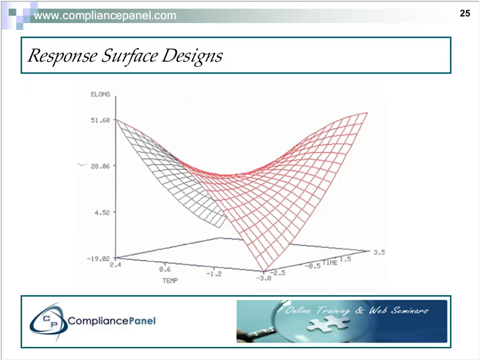That was the ideal setting of the process. And as you noted, if you moved away from that location, you rapidly changed the kind of results that you were going to get. That elongation would change very rapidly if we change time and temperature, for instance.